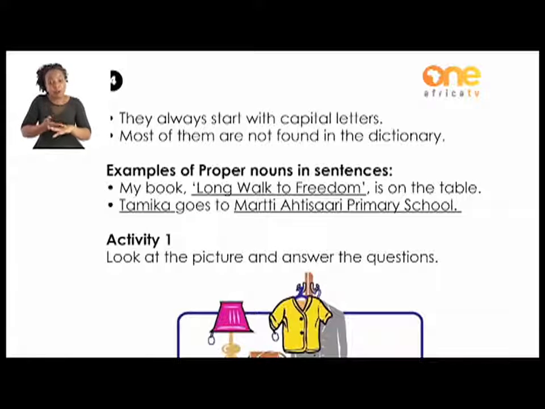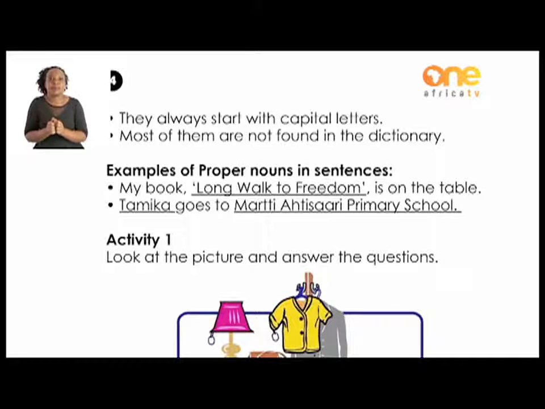Examples of proper nouns in sentences. My book, Long Walk to Freedom, is on the table. As you can see there, Long Walk to Freedom is underlined. That's the proper noun. It is the name of a book.